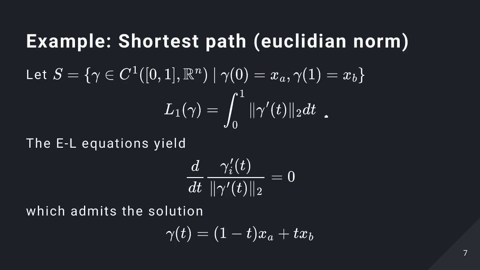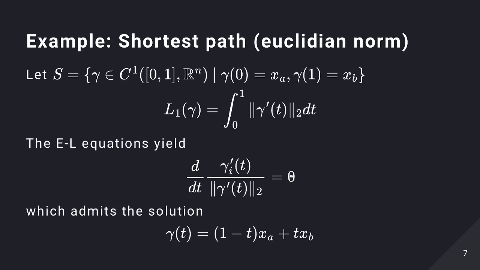And if you apply the Euler-Lagrange equations to this, note that with the Euler-Lagrange equation you don't have to explicitly construct your Banach space. You can just construct the Euler-Lagrange equations and get your equation.